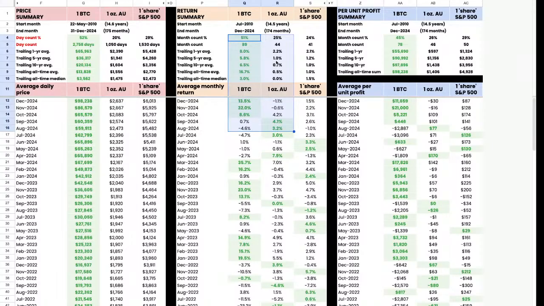Whether you're talking about gold or stocks, it's very difficult to see why one would want to bet against Bitcoin, even now, with 15 years of data under its belt, 14 and a half years to be precise, of price return comparison. It's very difficult to see why anyone would want to bet against Bitcoin at this moment.